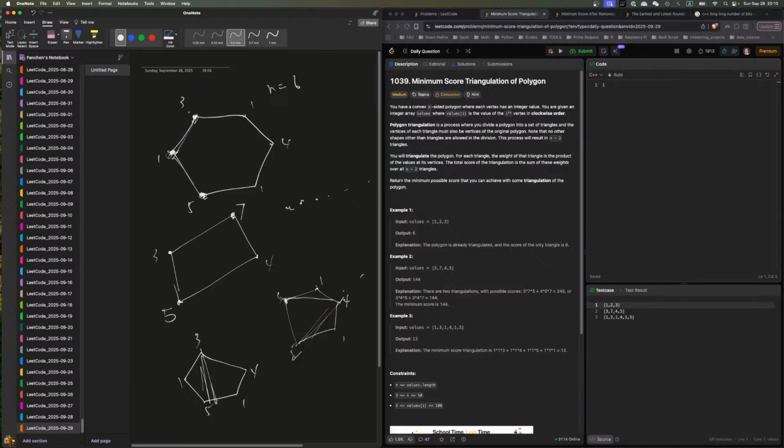So if this is my starting 3, the next step I'll add this one. But when you add this one, how do you know which triangle it is? Good question. Because this is our starting point, we have 1, 3, nothing, 5.